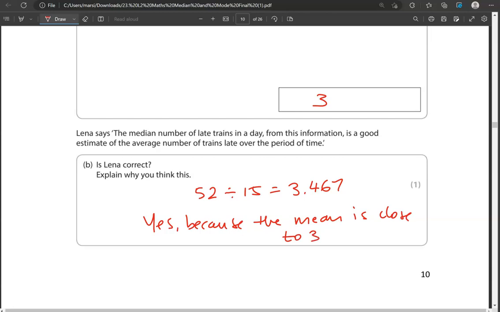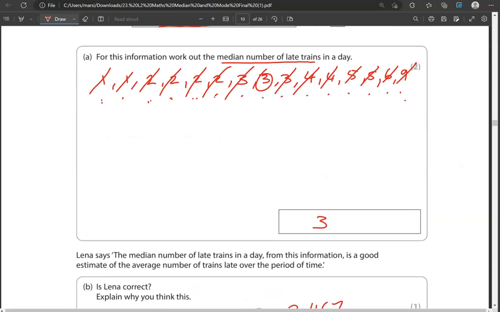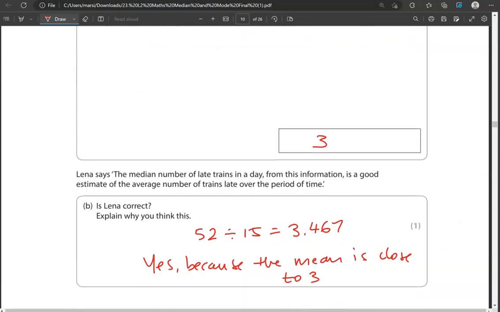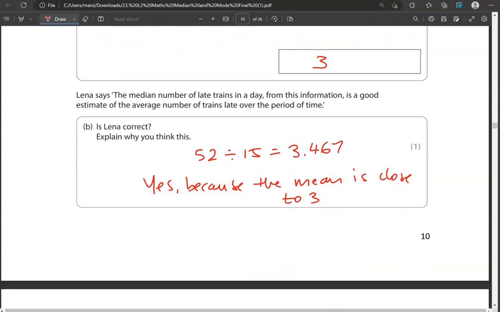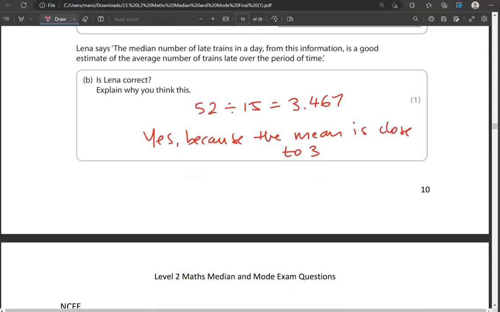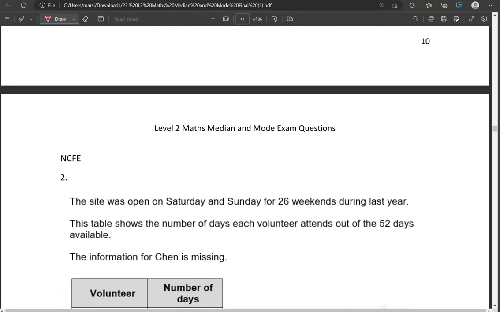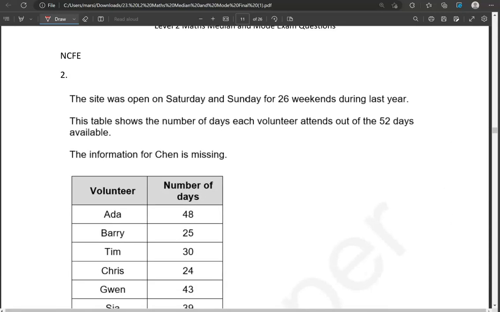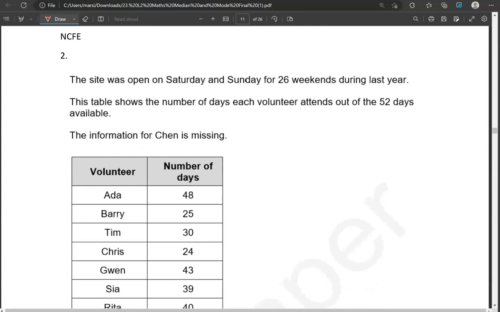Or if you use the mode, for example, and the mode is 2, you can say no, because the mode is 2. So you could have different interpretations of this. Are they all okay? As long as you've got some evidence, like you're using another average to compare.